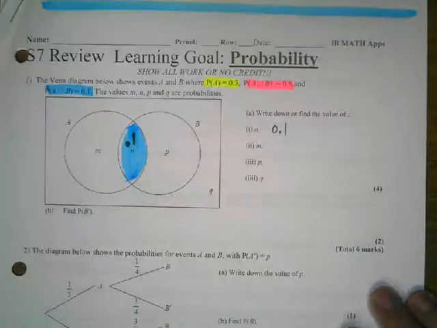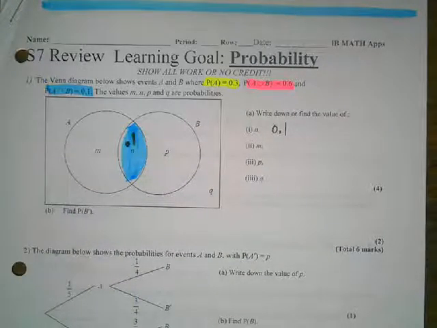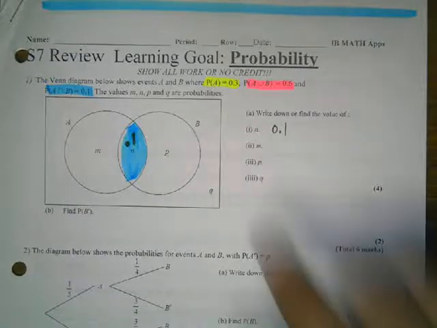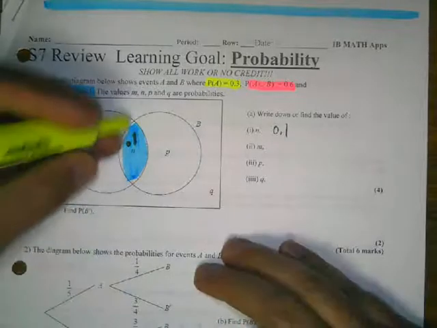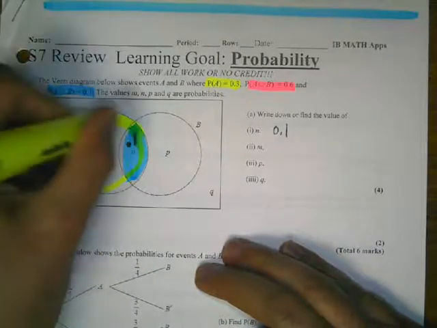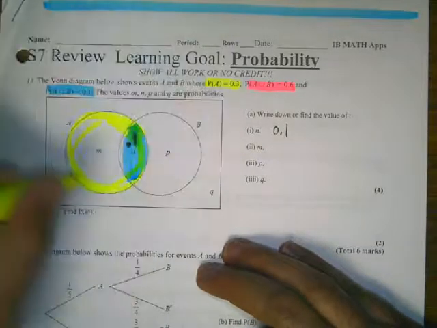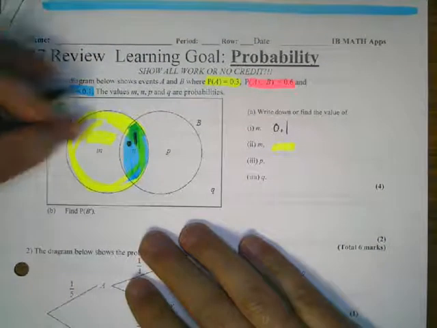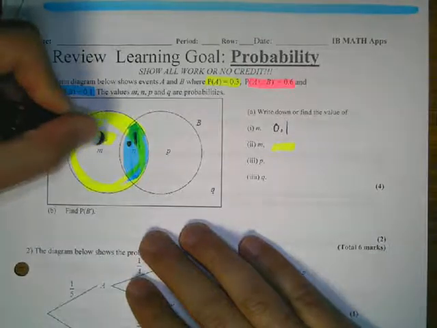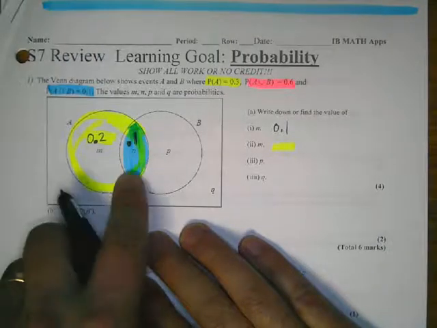Okay, so next, we know that A is 0.3, so that means this entire circle is 0.3, so this has to be 0.2, because both of these have to add up to 0.3.